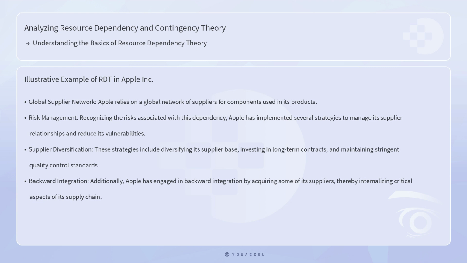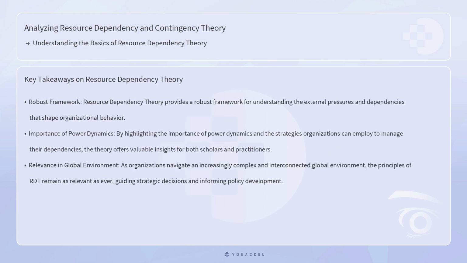These strategies include diversifying its supplier base, investing in long-term contracts, and maintaining stringent quality control standards. Additionally, Apple has engaged in backward integration by acquiring some of its suppliers, thereby internalizing critical aspects of its supply chain.